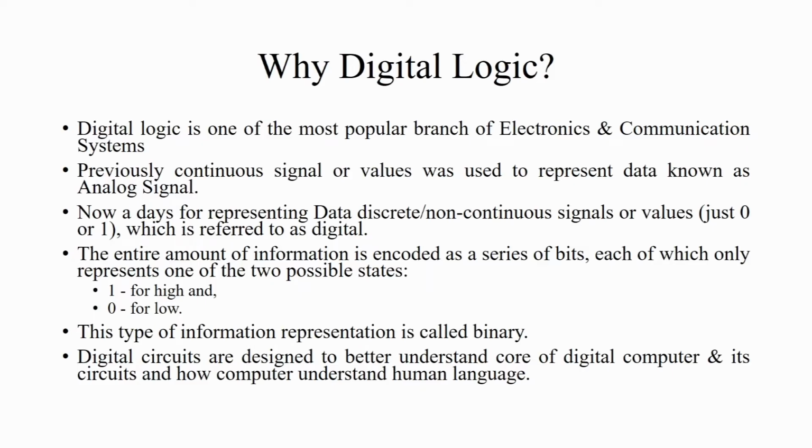The two possible states are 0 and 1. 1 is for a high or active state and 0 is a non-active or low value. Information represented in the form of 0 and 1 is known as binary representation, or simply binary.